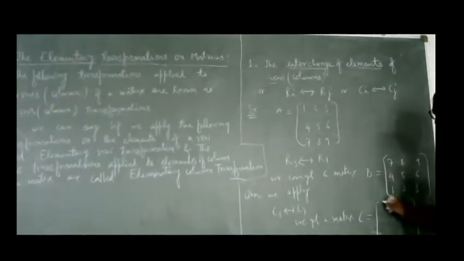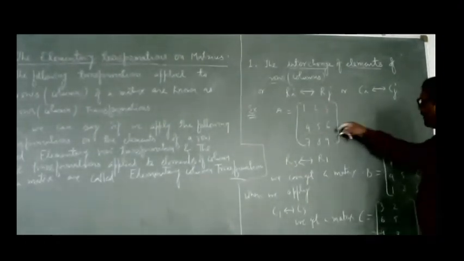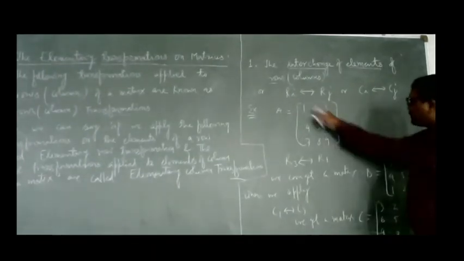So it is 3, 6, 9, and the second column remains the same, 2, 5, 8, and the third column will have the elements of the first one, so it is 1, 4, 7.